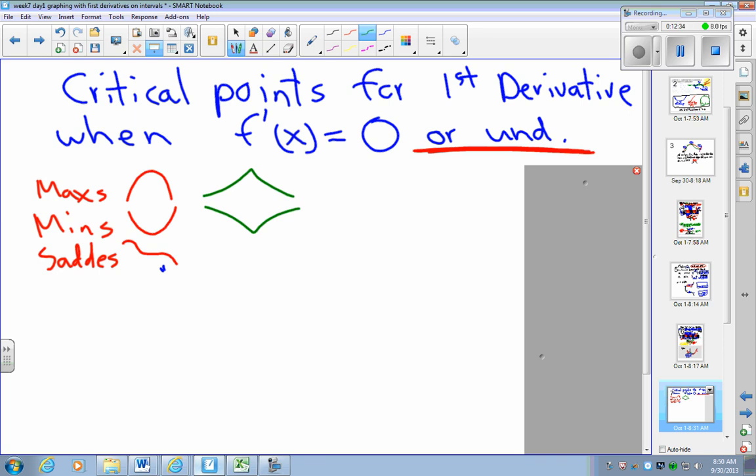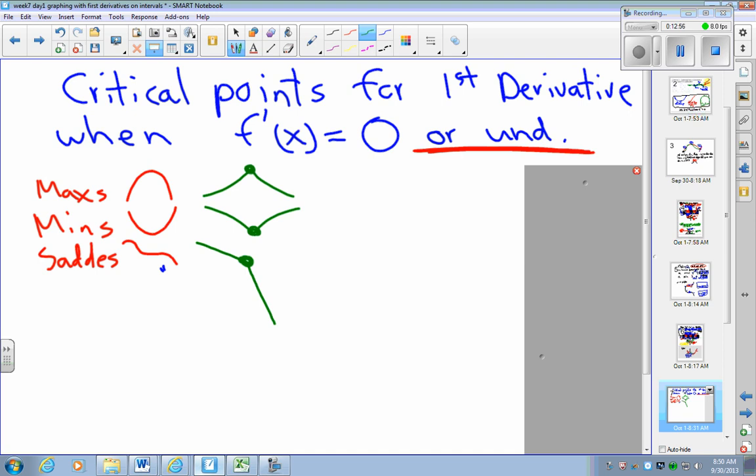It would maybe look like this. Let me see if I can do this. Down, down. There we go. Top guy's a max, middle guy's a min, bottom guy is, I wouldn't really call it a saddle, but I would at least call it a not max or min.